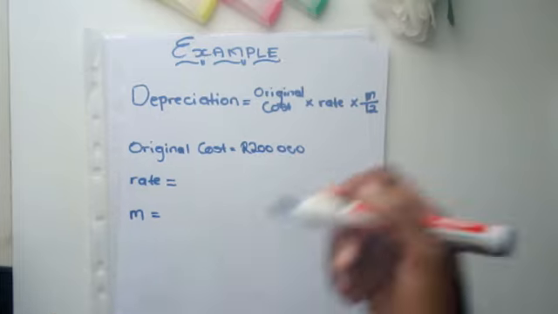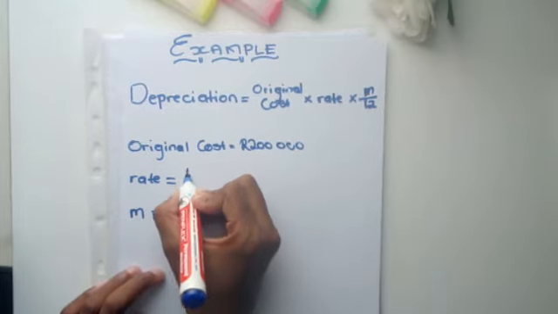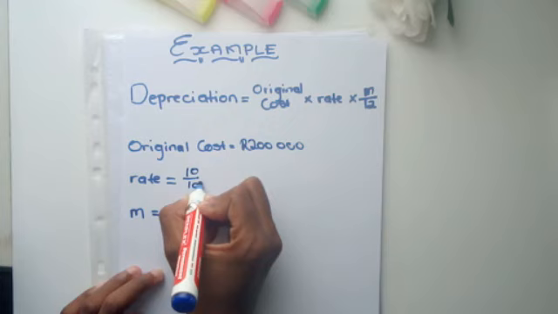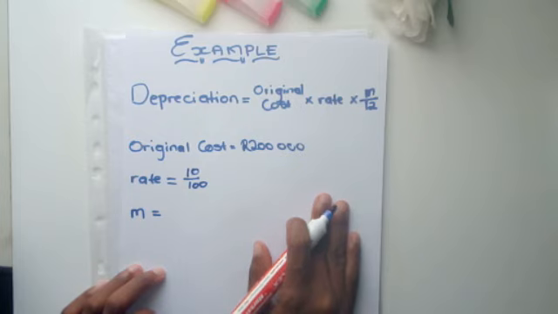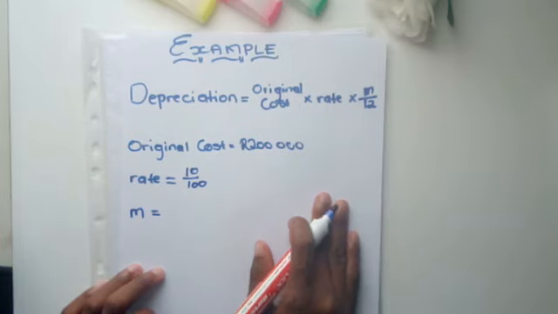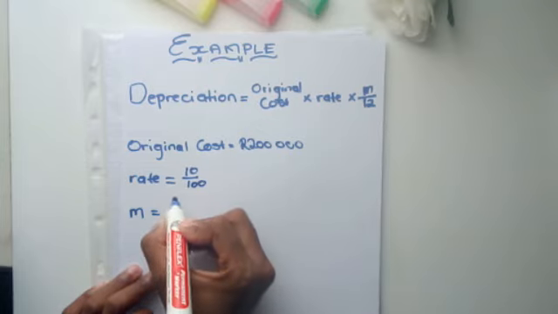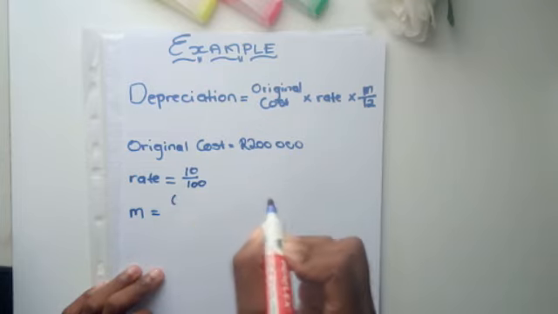The rate they gave us is 10%, so 10 over 100, and then we get to the part of our M. Now, because our asset was sold during the year, the M becomes very important for us to figure out. And to figure it out, we need to make sure that we outline our financial year.